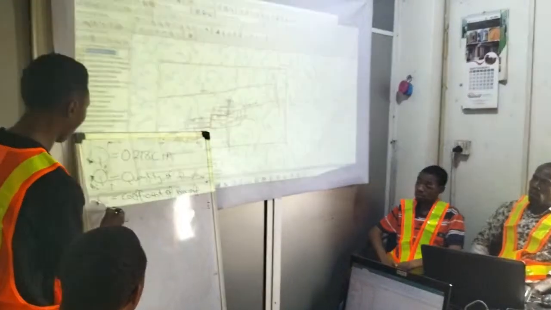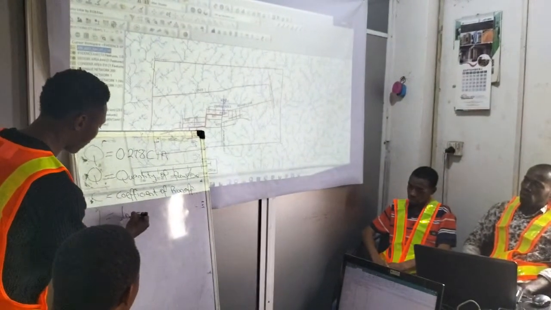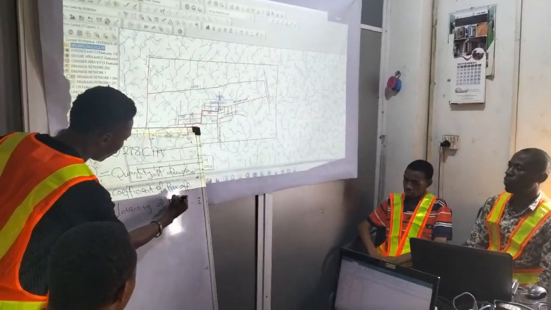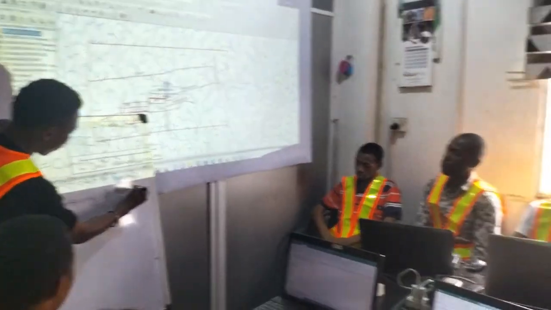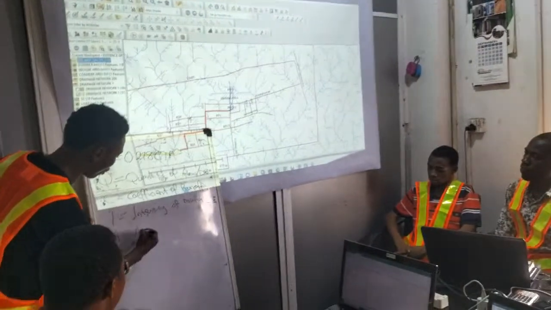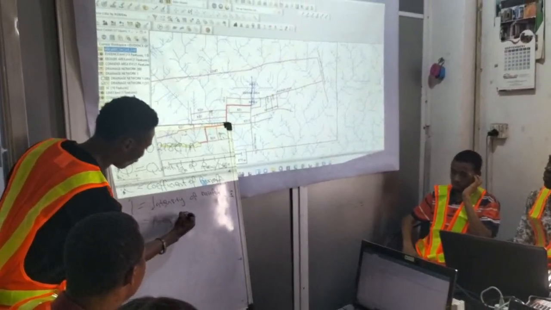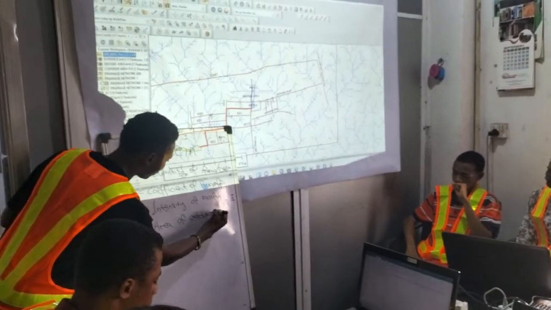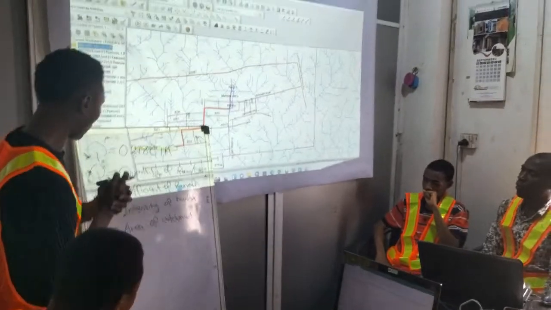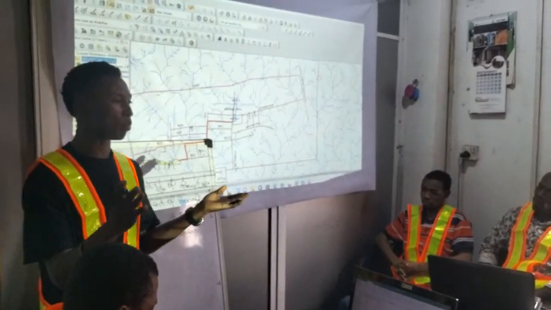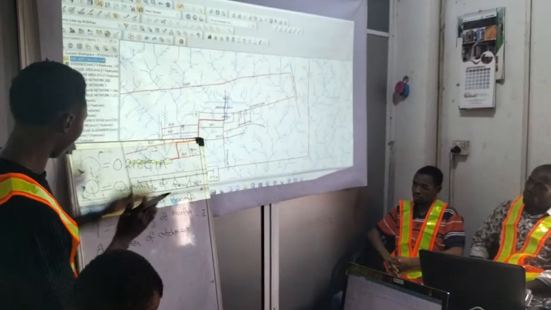Our I is the intensity of rainfall. And our A is equal to what? The area of catchment. Remember, the objective is to solve the problem of flood in this environment.